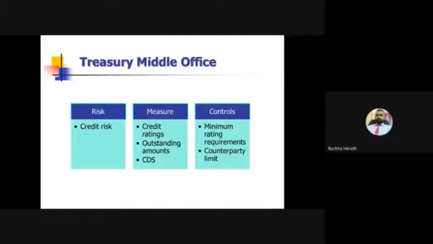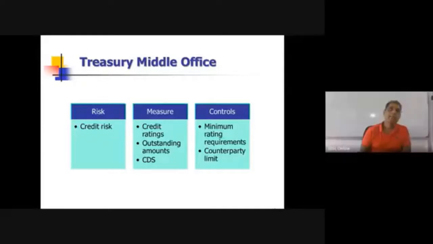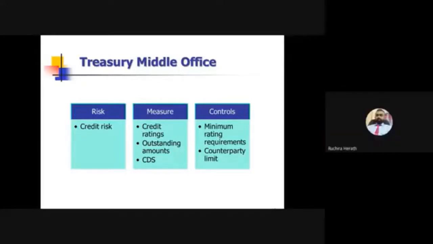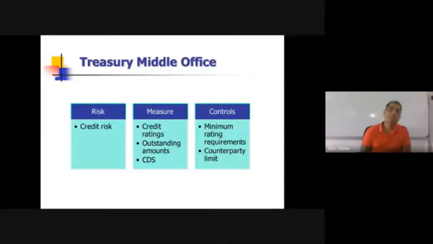Then the responsibility of setting limits for each and every bank rests with the chief risk officer, is it? Not really. The responsibility is with the relationship manager for that bank, in conjunction with the requirements of the departments that deal with that bank. So, for example, Treasury could have a requirement, correspondent banks could have a requirement.